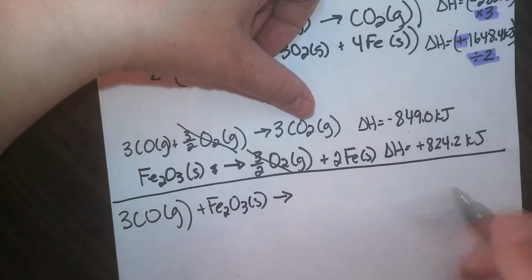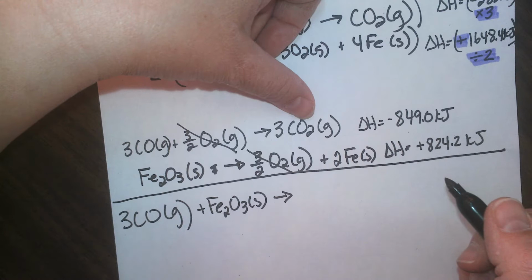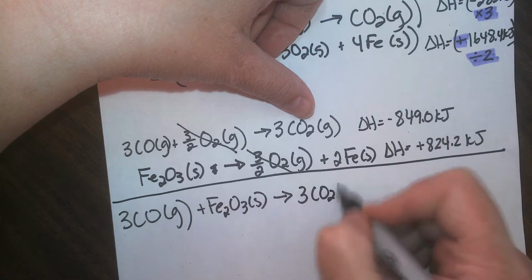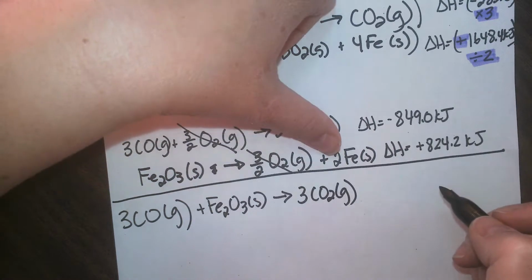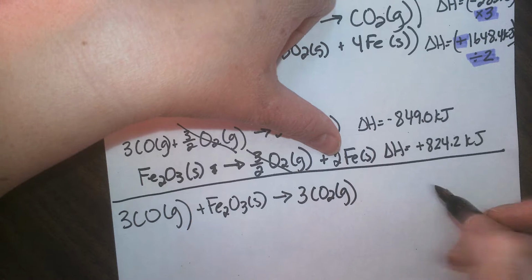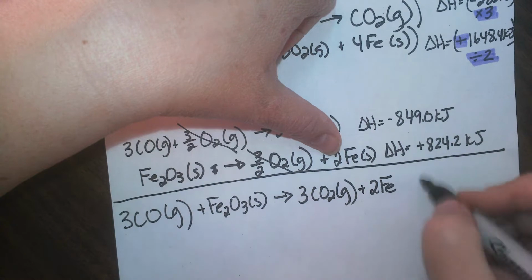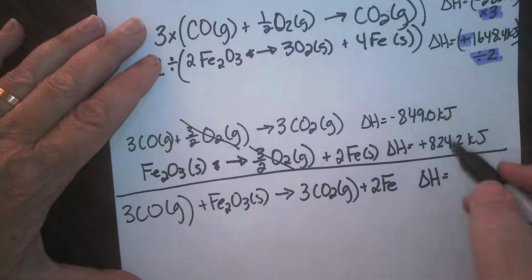Now let's look at my products. I have 3 CO2s on my product side. Do I have any on my reactant side? So I'm going to keep those. And I have 2 irons on my product side. Do I have any on my reactant side? So I'm going to keep those. And then my delta H is going to be the sum between these two.